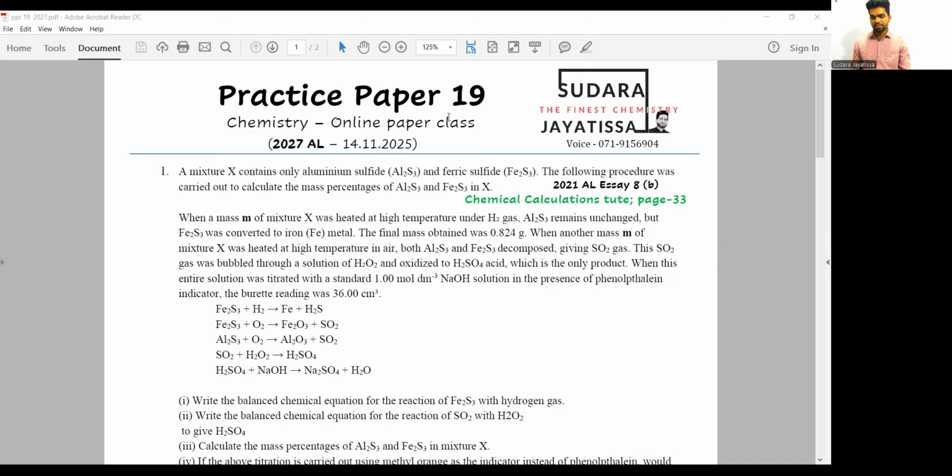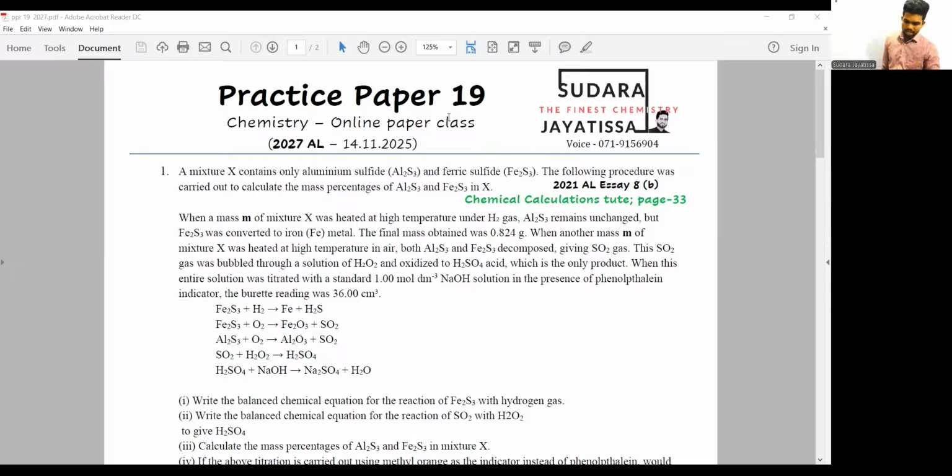So by taking several chemical reactions, they are explaining how to find these mass percentages, using at least two sets of reactions. What we have seen in these mixture type questions is that we are finally going to form two simultaneous equations.